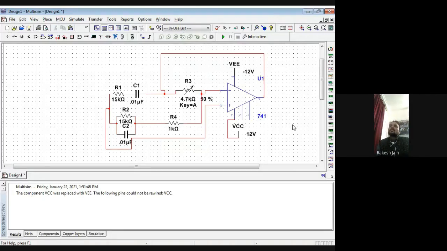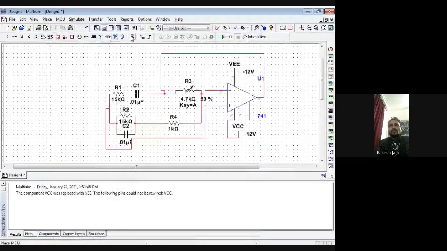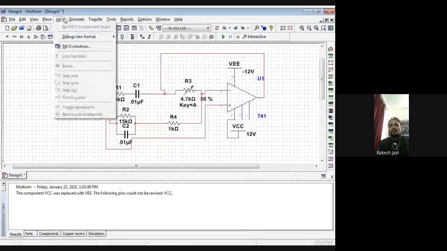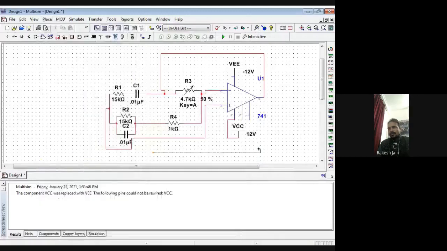Then we connected this operational amplifier points. Then we have to see the output for this circuitry. So the output will be taken in between, so we choose a wire because we have to take the output.